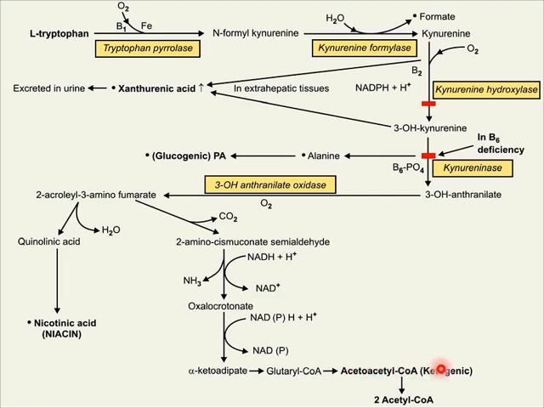This is ketogenic and that gets converted into acetyl CoA. So by the metabolism of tryptophan, first we get a one carbon compound, that is formaldehyde, or the formate. Then we get alanine, that is a glucogenic compound. Then we get niacin, that is a water soluble vitamin, and then acetyl CoA, that has a ketogenic role.